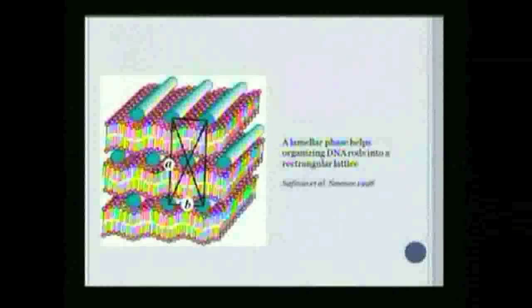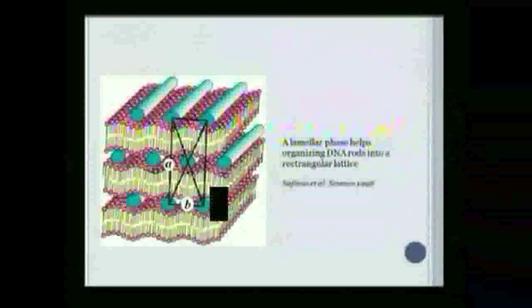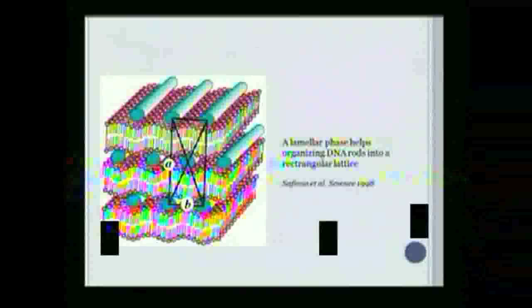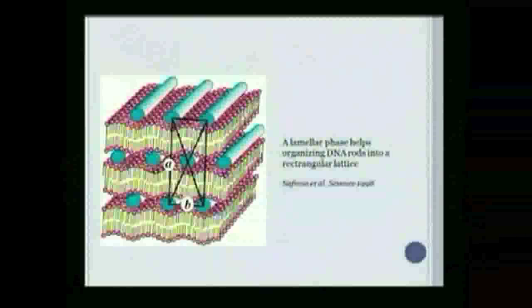Another very nice example is this one. This is, of course, a lamellar phase of surfactant, and people are able to put DNA rods inside this lamellar phase of surfactant. I think it's a cationic surfactant.